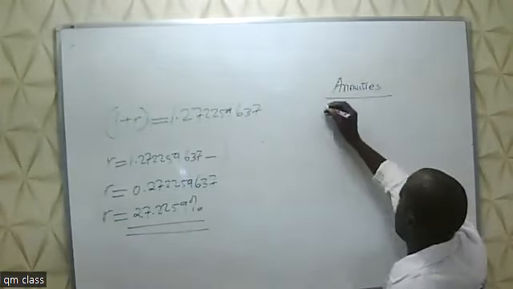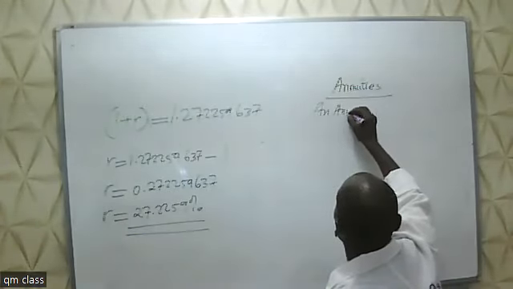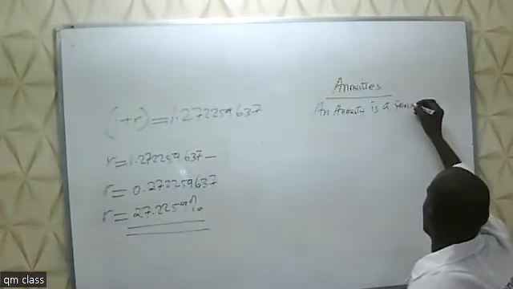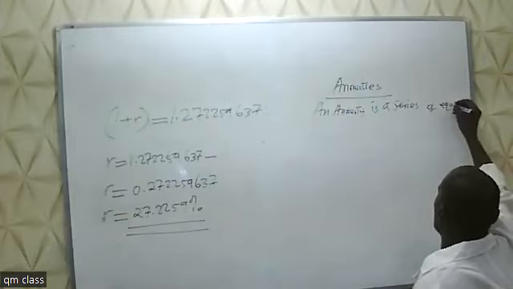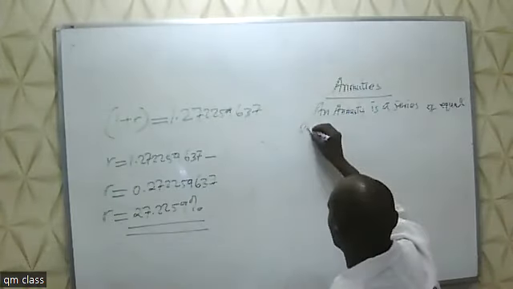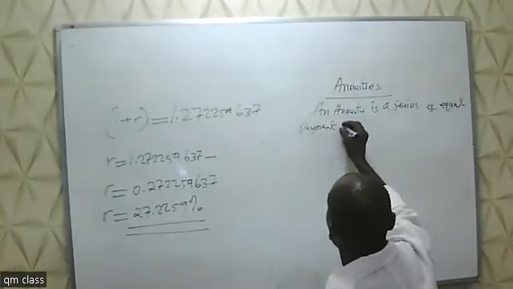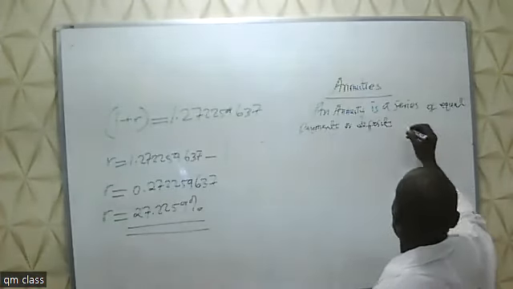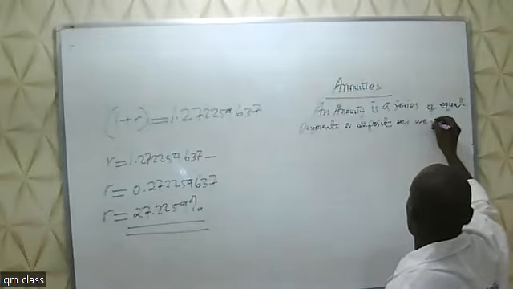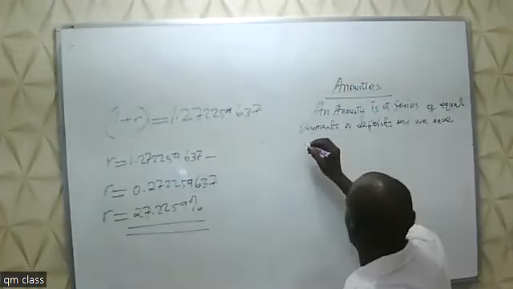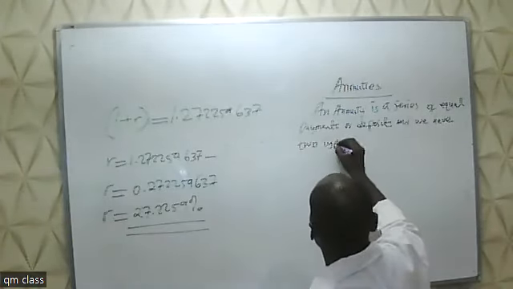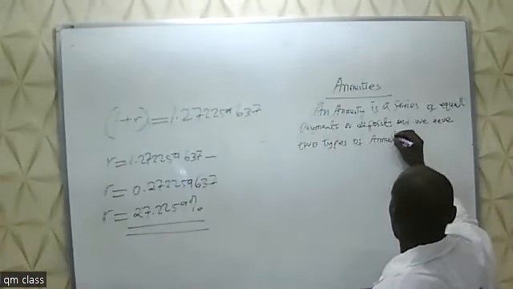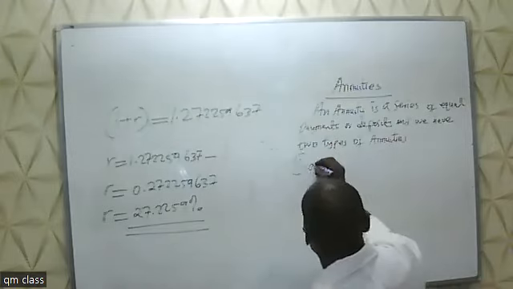So an annuity is a series of equal payments or deposits. And we have two types of annuities. The first one is ordinary annuity.